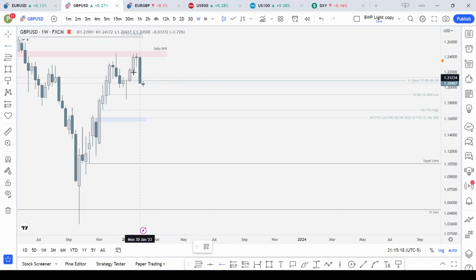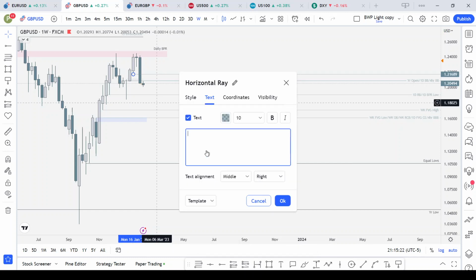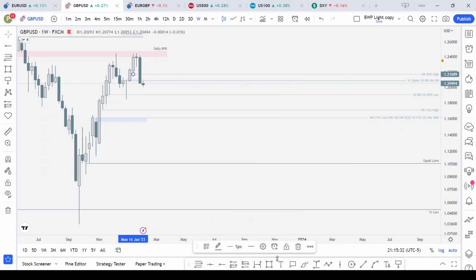Let me mark this as a potential BPR. BPR is balanced price range, and this as the low of the BPR.